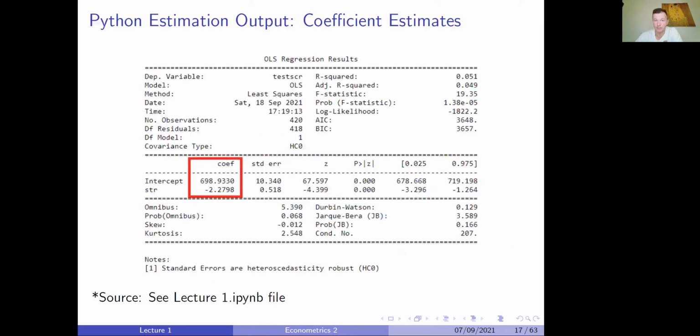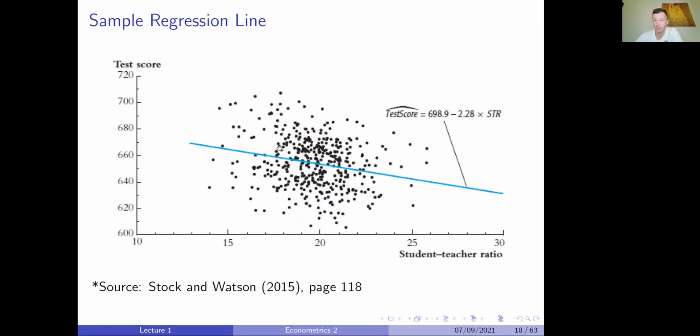Going back to the data here, you see that all our observations are bounded between, let's say, 13 students per teacher and 27 students per teacher. So we don't know what the test score is if the student-teacher ratio is less than 10, because we don't have any observations on that.